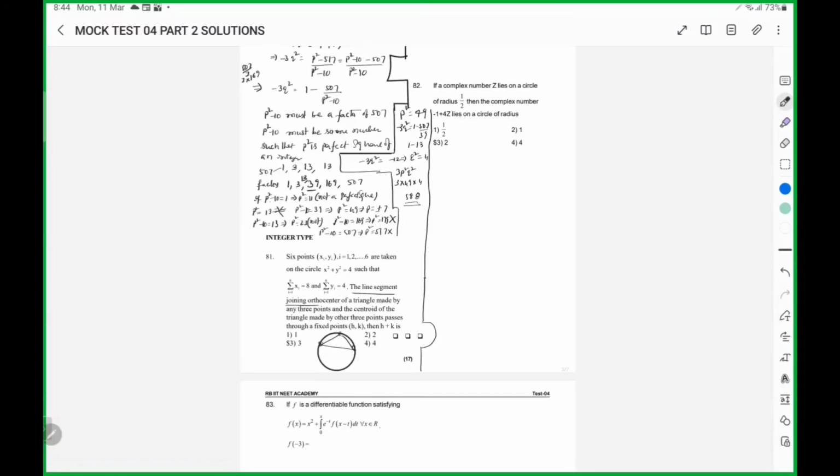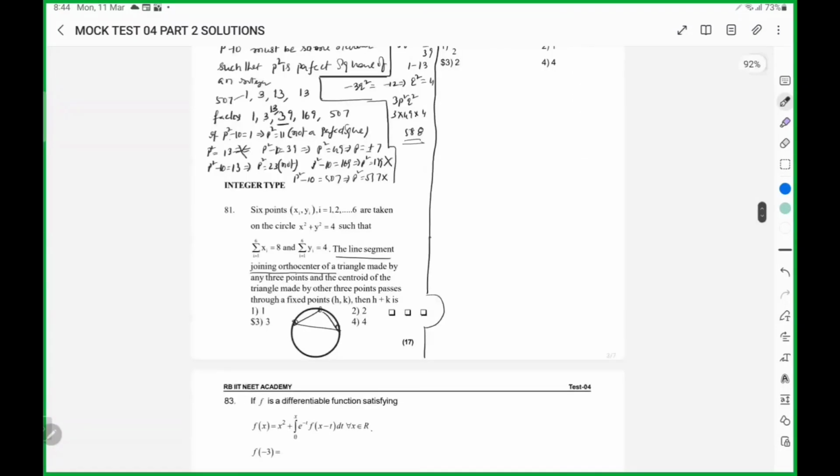The line segment joining the orthocenter of the triangle formed by 3 points and the centroid of the other 3 points, it is orthocenter, it is centroid, passes through a fixed point.